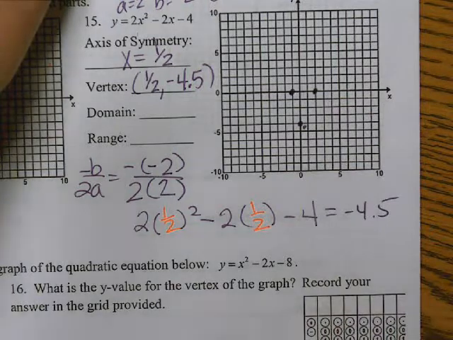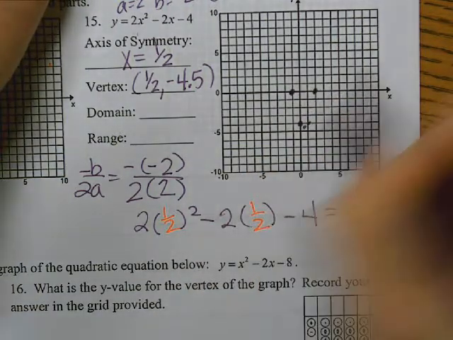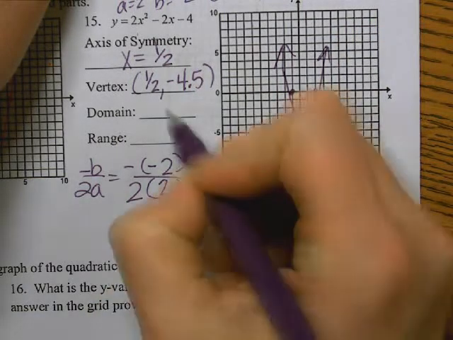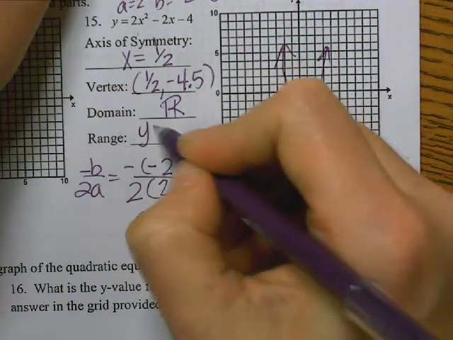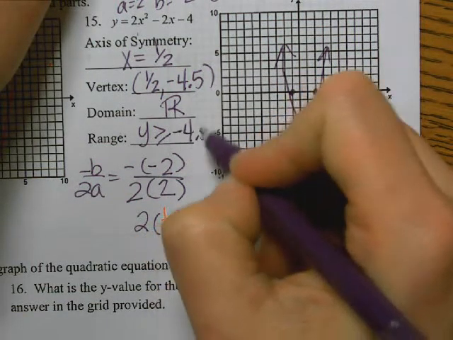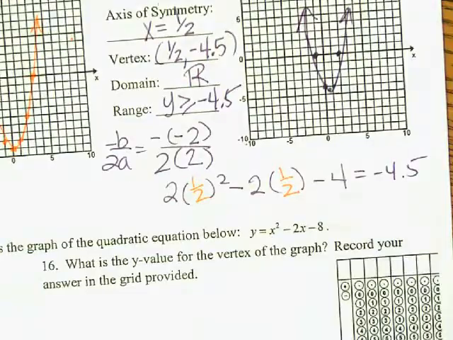And (2, 0). And let's see, (1, -4). That's enough points. We'll go ahead and graph it the best we can. Domain is always real numbers. Range, it's a smiley face, so y is greater than or equal to. And then where does it hit? Right here on the y-axis? Negative 4.5. One's a little complicated.